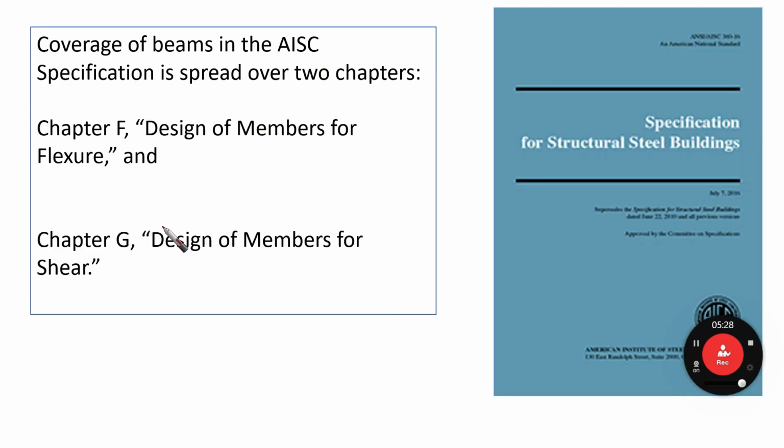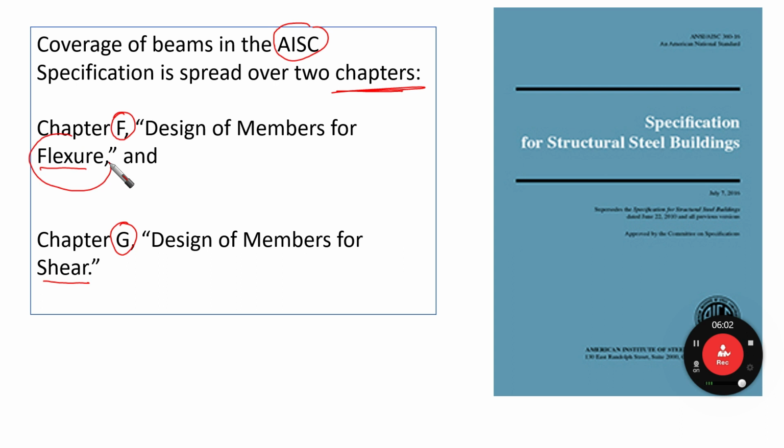Okay, let's now see where beams are covered in our AISC specification. Coverage of beams in the AISC specification is spread over 2 chapters. The first one is Chapter F, titled Design of Members for Flexure. The second is Chapter G, Design of Members for Shear.